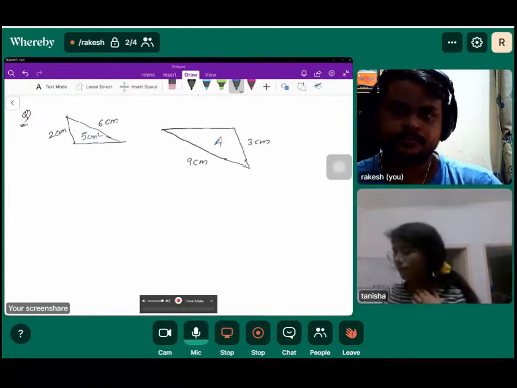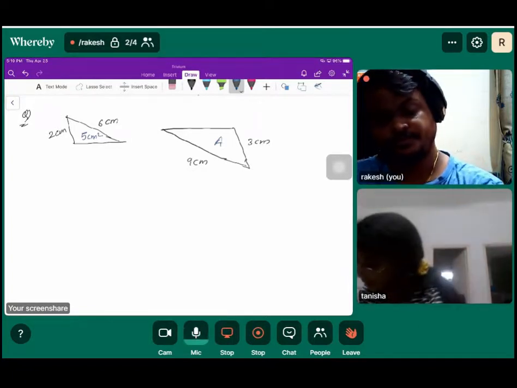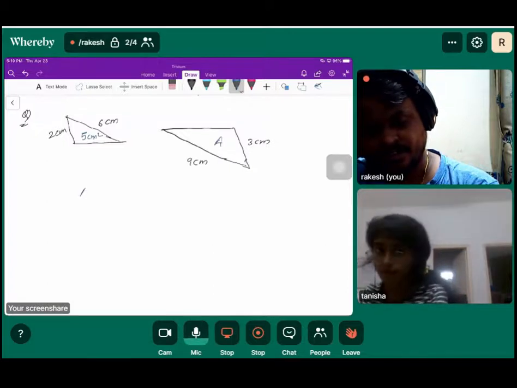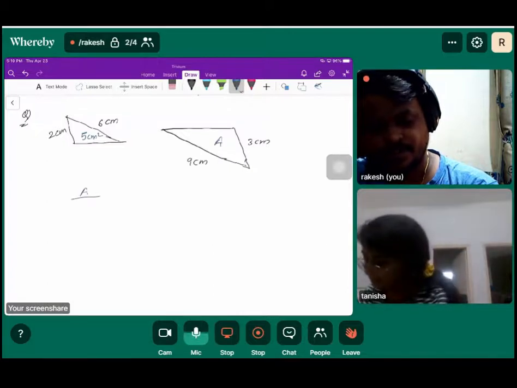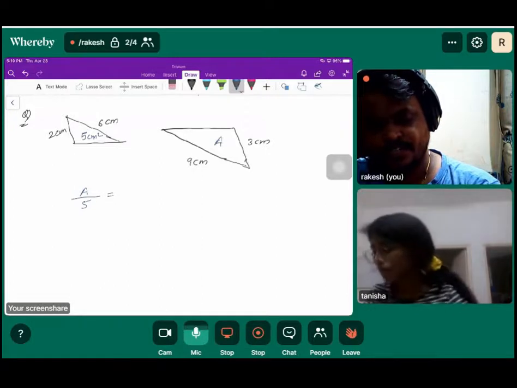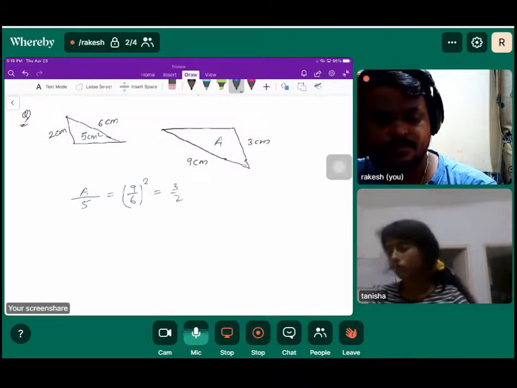I got 11.25. What did you do? Okay, so A upon 5 is equal to the ratio of their corresponding sides, 9 by 6 square, which is the same as 3 by 2 square.